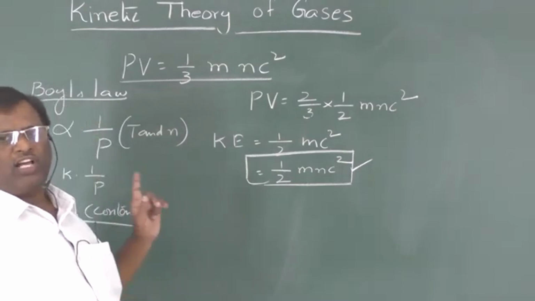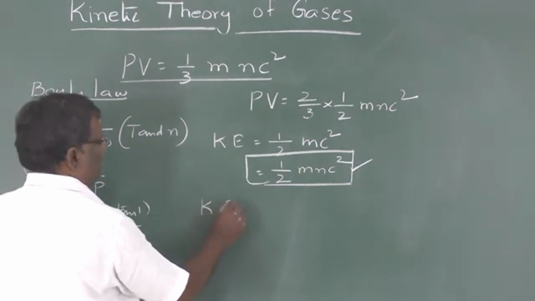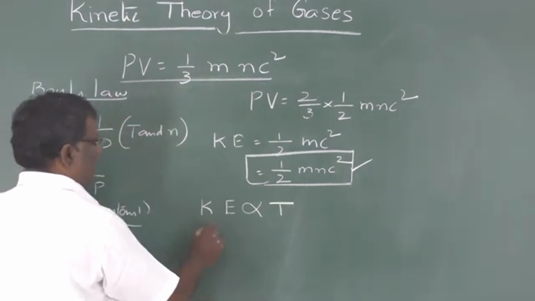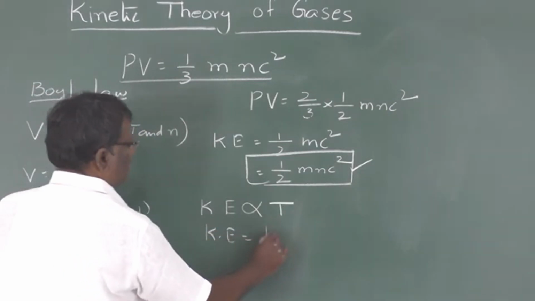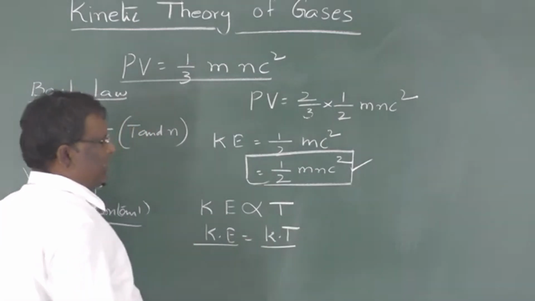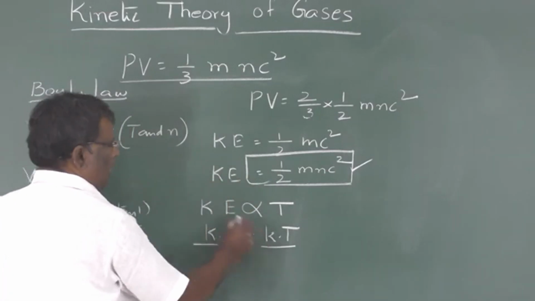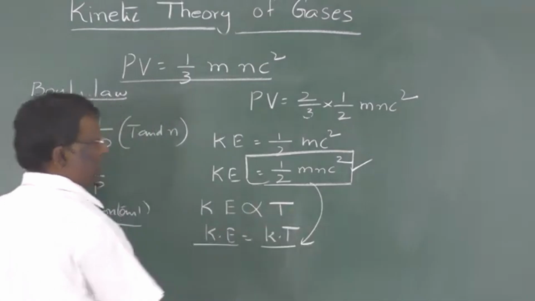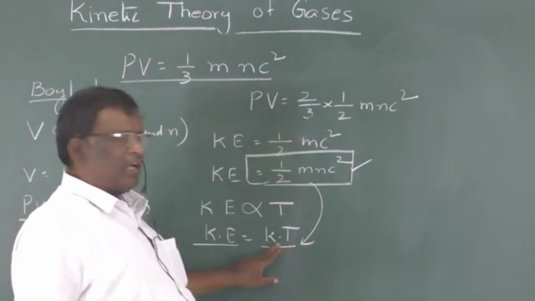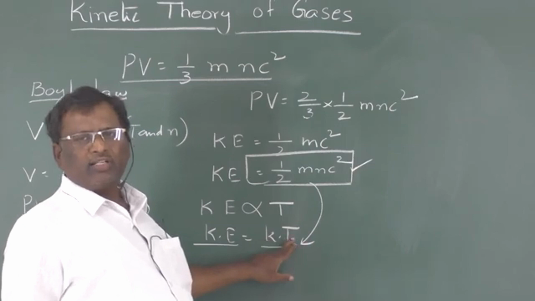According to the postulates of kinetic molecular theory of gases, kinetic energy is directly proportional to absolute temperature, or kinetic energy is equal to K into T. But KE is equal to half Mn c square, so half Mn c square is nothing but K into T, where K is a constant and T is absolute temperature.